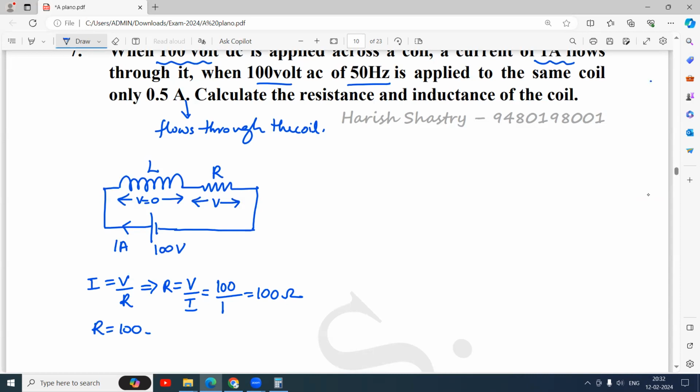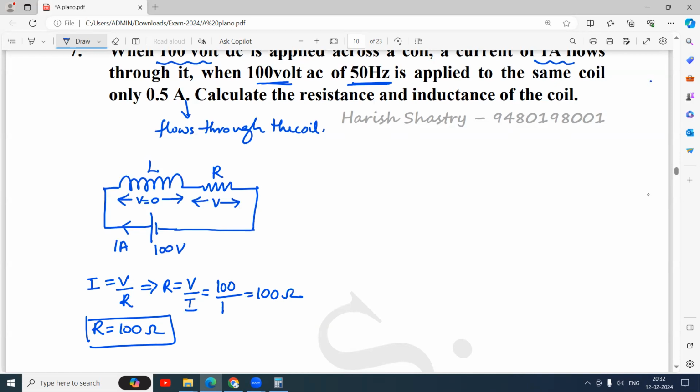Now for the second part, when 100 volt, 50 hertz AC is applied to the same coil. This is an RL circuit, and it will have both inductive and resistive effects.